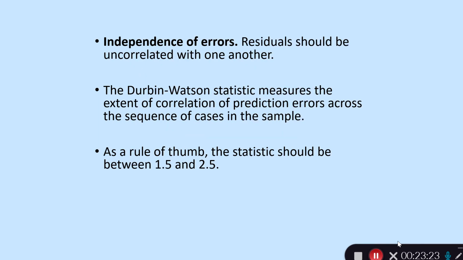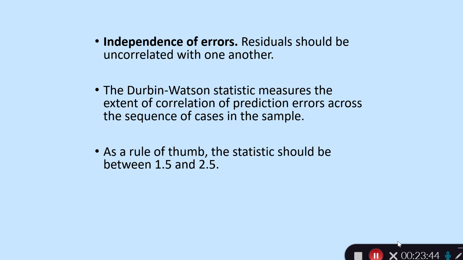Okay, so independence of errors, that was the fourth of our assumptions to check. What this means is that for any two observations, the residuals should be uncorrelated.